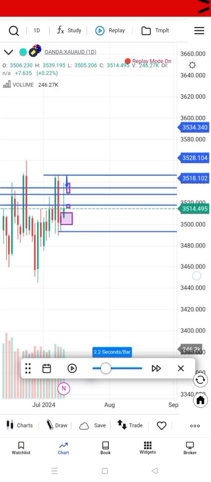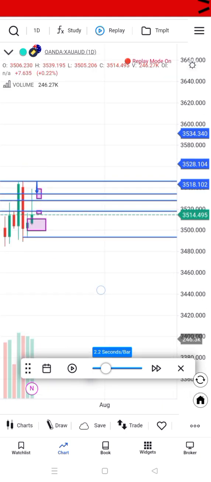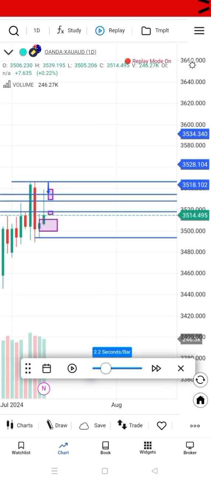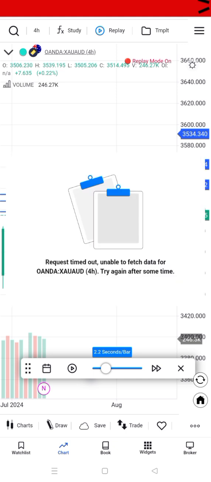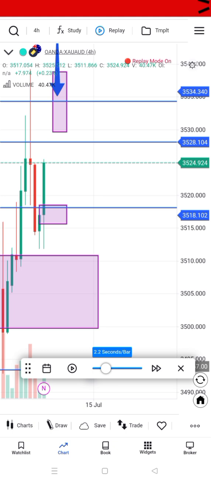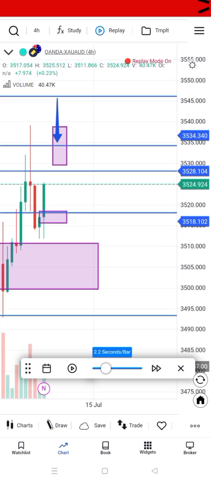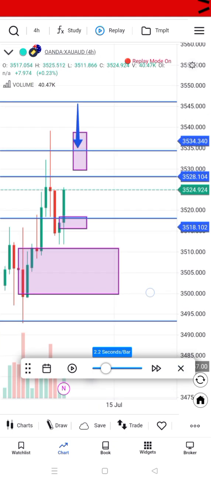But for now, I guess we have passed that entry, and I will now focus on analyzing, going back to the first day. You can see I'm now back to 1 day. So after seeing how the daily time frame is functioning, I go back to the 4 hours.